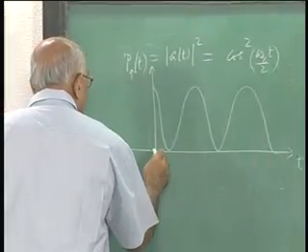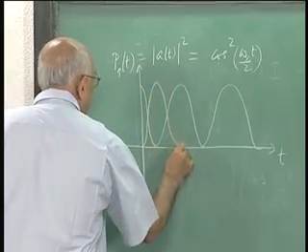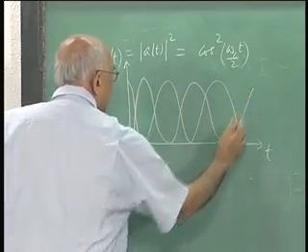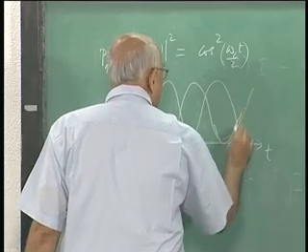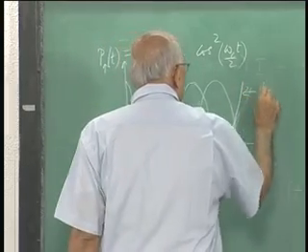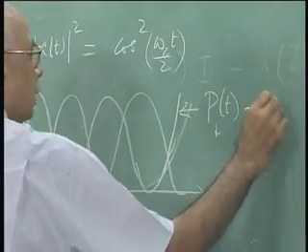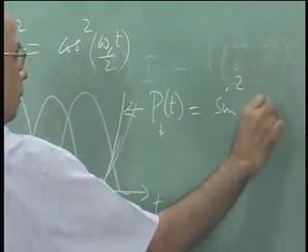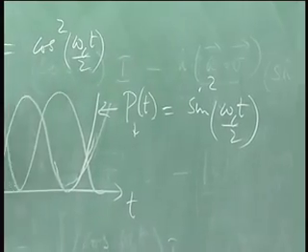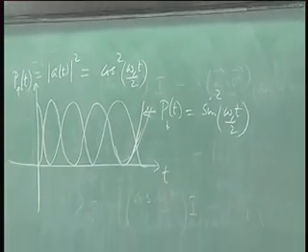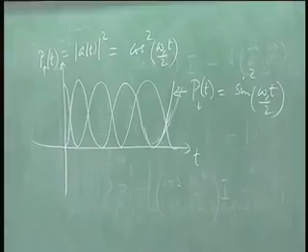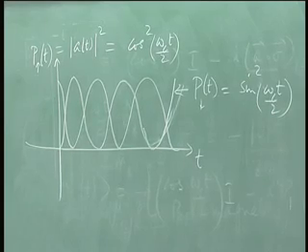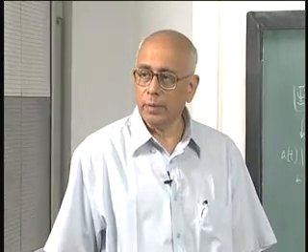On the other hand, the other one starts like this and does this, and this is p down of t, equal to sine squared omega c t over 2. And the frequency with which this happens is precisely omega c, because cos squared can be written in terms of cos of twice the angle, so the periodicity is that of cos or sine omega c t.